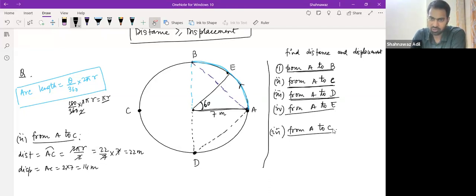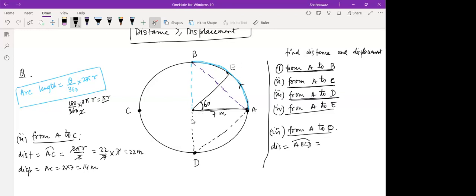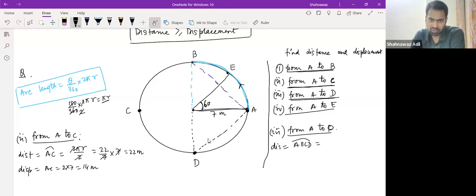So from A to D, this distance would be, let me write it as A, B, C, D arc. So this would be theta, which is how much? 270, right? Yes. So 270 by 360 and then 2 pi r.